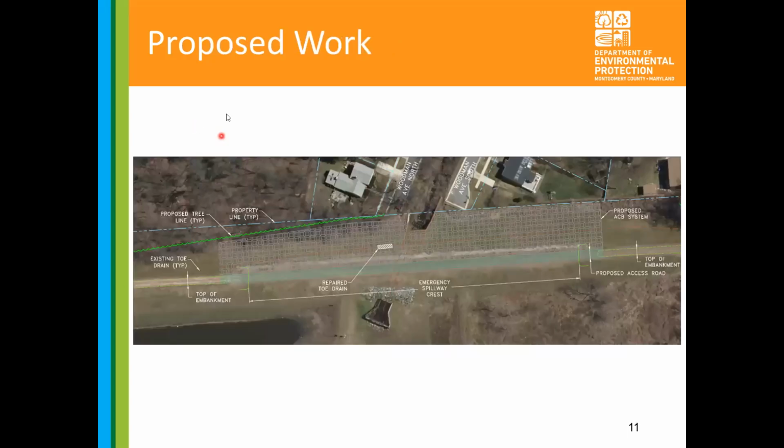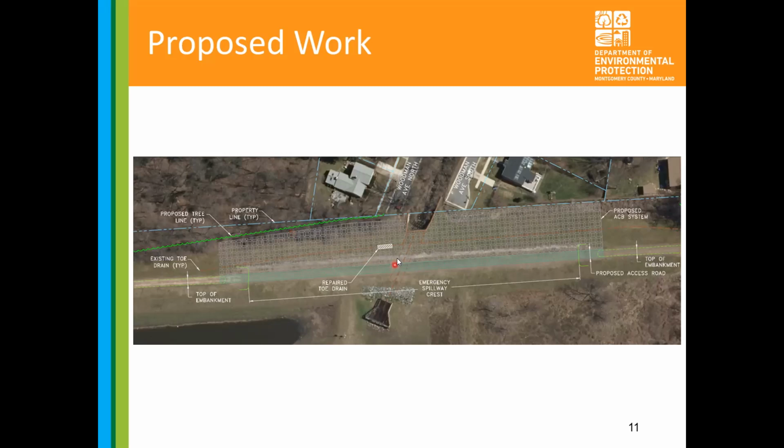There we go. So here is a more detailed layout of what we're proposing to do. We are proposing to raise the embankment slightly to meet the capacity freeboard requirements associated with that big storm. That's just minor, adding a couple inches to the top of the embankment, smoothing it out, and then minor clearing along the bottom here for the installation of the articulated concrete blocks, or ACBs, which we're going to go into in a second.